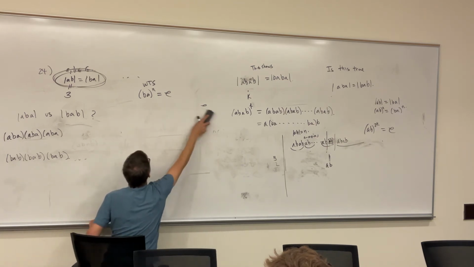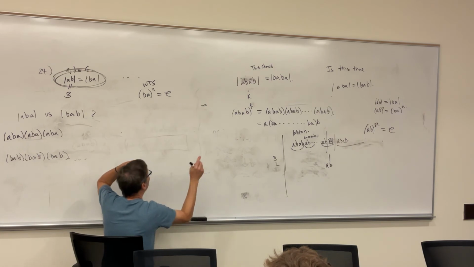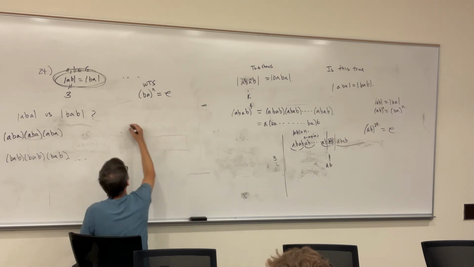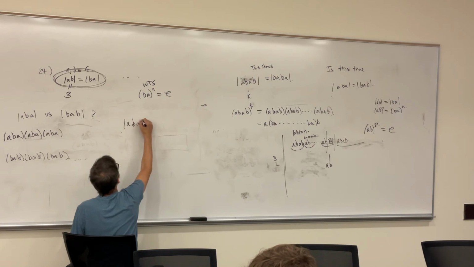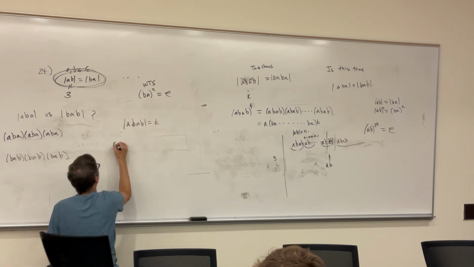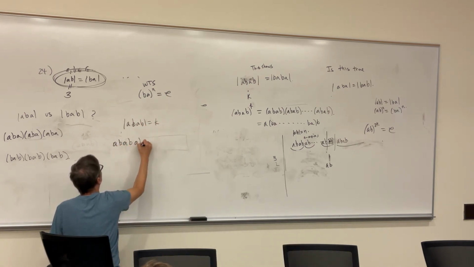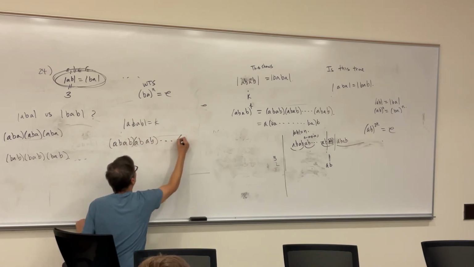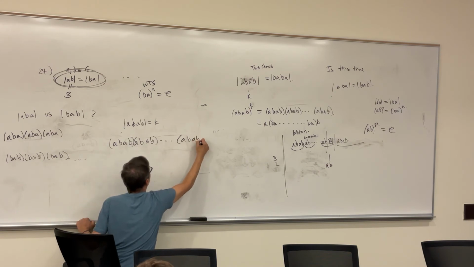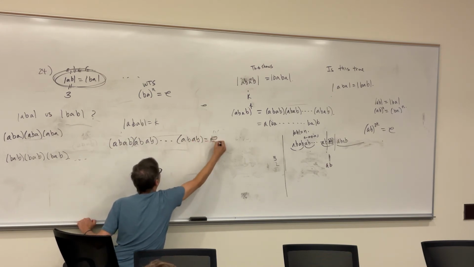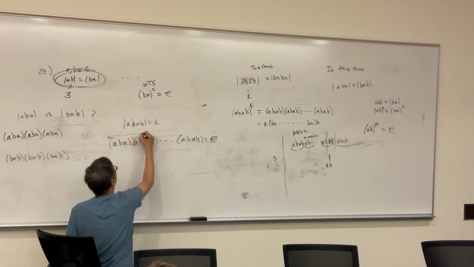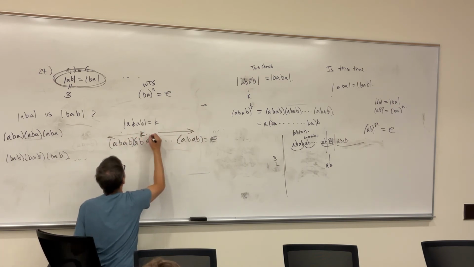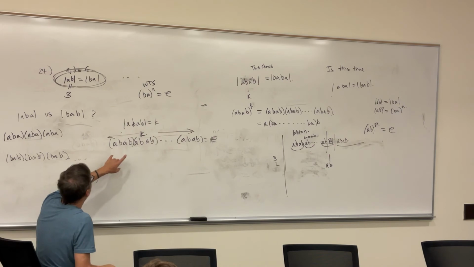Okay, wait. I think maybe that was a better way to approach. So let's say that the order of AB is k, then that means AB k times. Maybe I've already been down this. I've got k of those. Yeah, and I think this is what ended up leading me to that other argument.